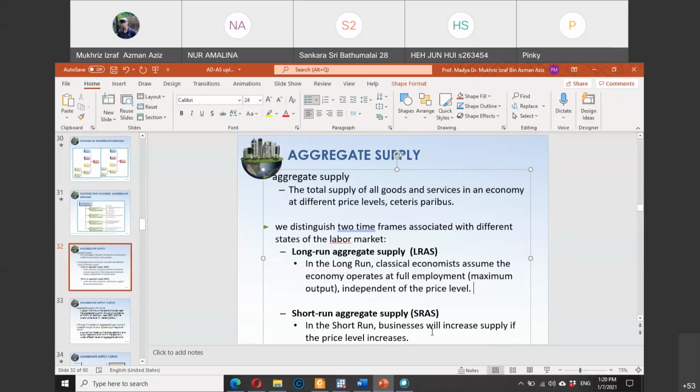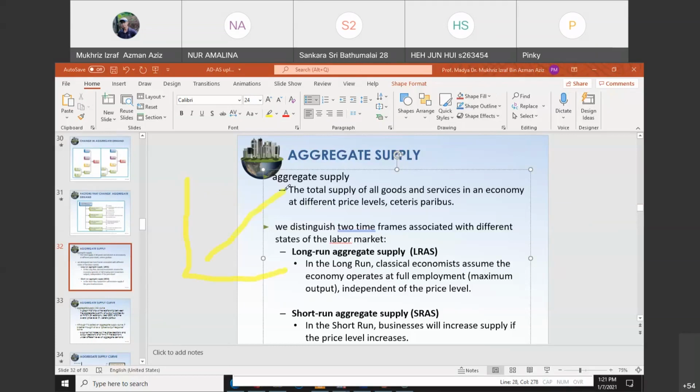Businesses can increase supply if the price level increases. Just like the supply curve in the microeconomic topic, for the producer or seller, whenever the price increases, quantity will also increase. What you learned previously in chapter 2 or 3 for the supply curve, when price goes up, quantity also goes up.